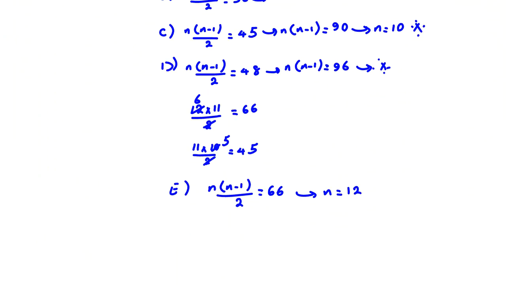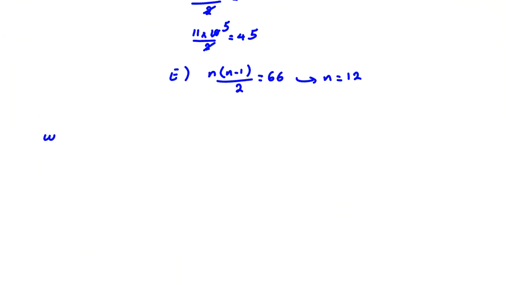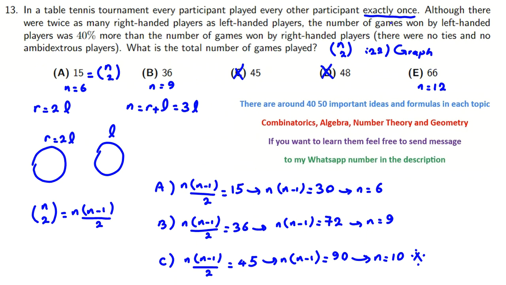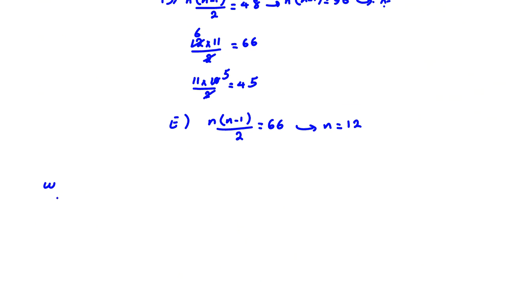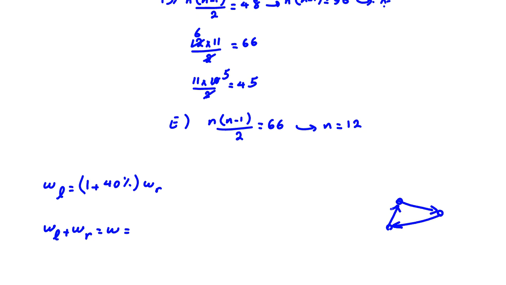Okay, so WL, the games won by left-handed players, is 1 plus 40% times WR. And we know WL plus WR equals W, the number of games. If we consider the winnings of all players, we count each game once, from the winner. So W equals N choose 2.